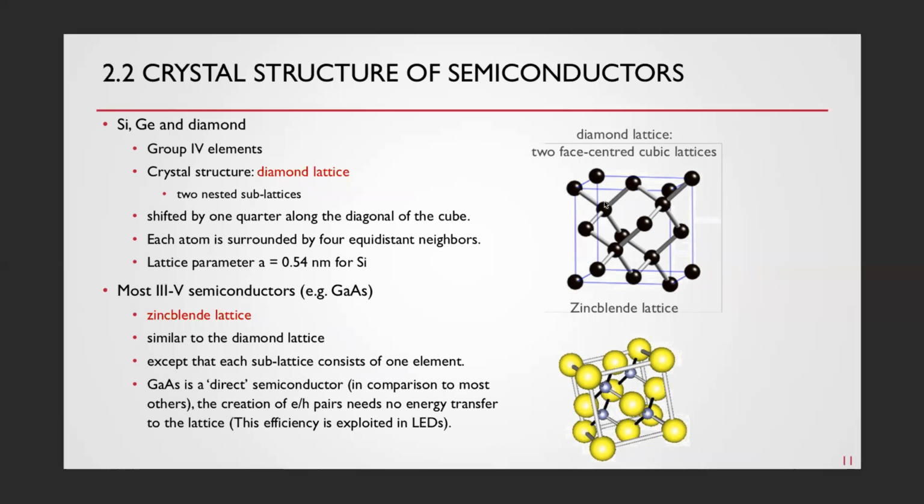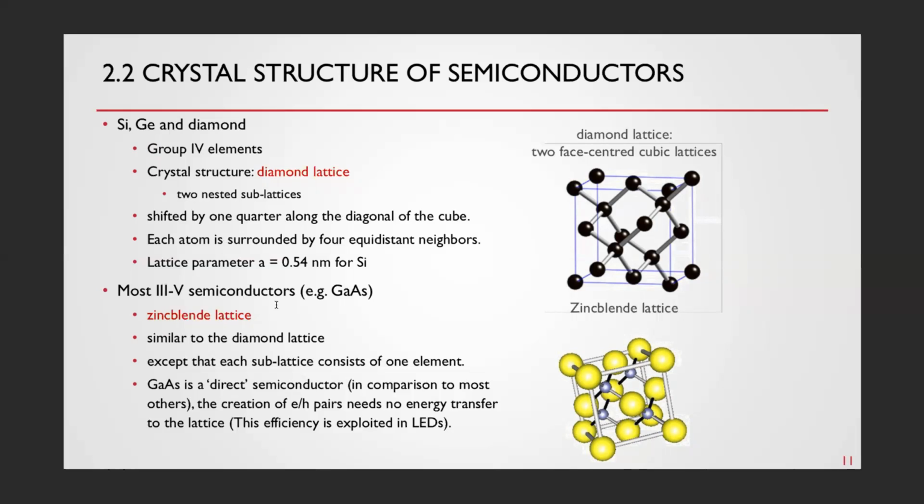The 2 lattices are shifted by 1/4 along the diagonal of the cube. So each atom is surrounded by 4 equidistant neighbors, and the lattice spacing is very dense with a parameter of 5 angstrom for silicon.